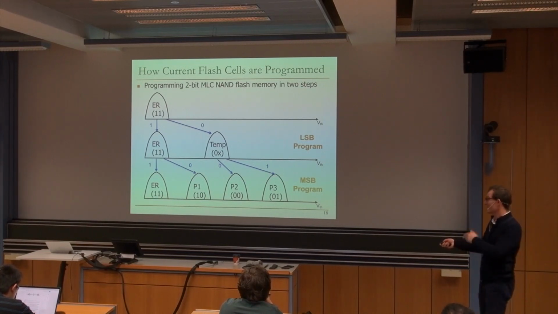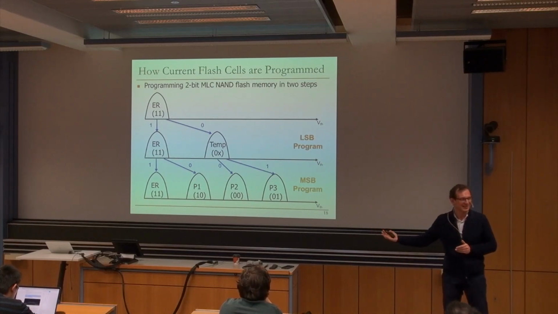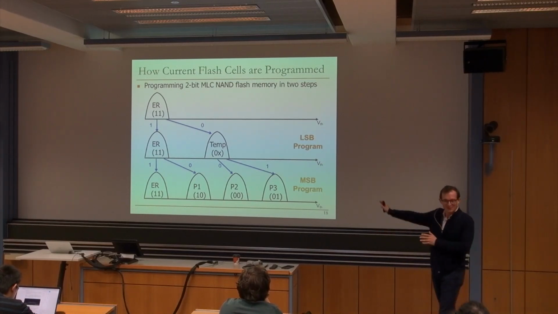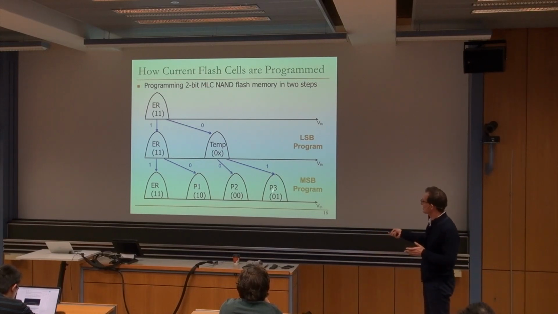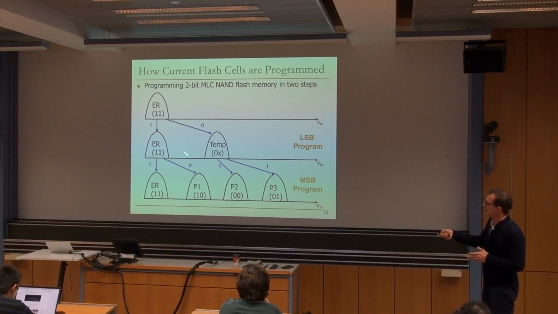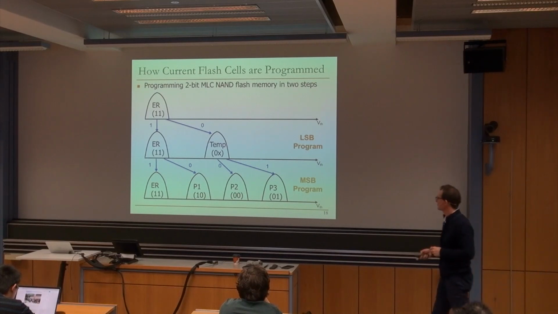The most significant bit is on the right, the least significant bit is on the left. So this is big endian, as you can see, which I don't like, but that's how it happened to be. But basically, you program the second bit next over here. As a result, it's two-step, and this takes time. This takes time, and then this takes time. But it's more precise because you're doing it in 2 steps.